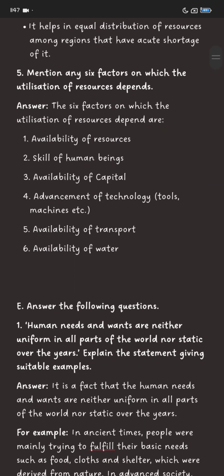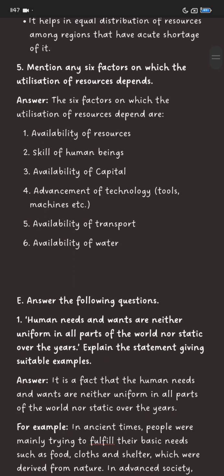Number 5. Mention any 6 factors on which the utilization of resources depends. The 6 factors on which the utilization of resources depend are availability of resources, skill of human beings, availability of capital, advancement of technology like tools and machines, availability of transport, availability of water.